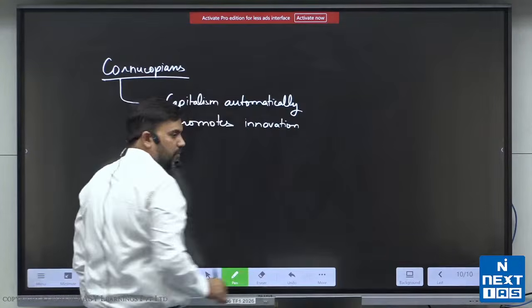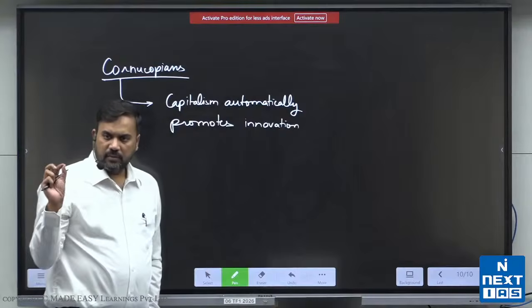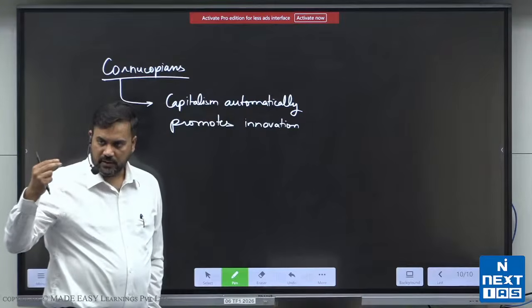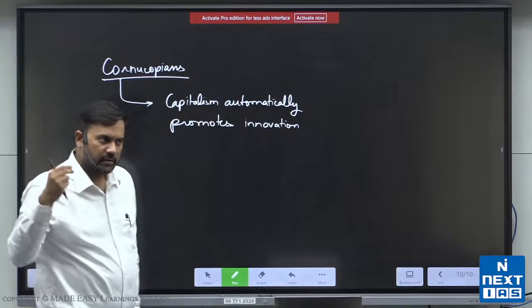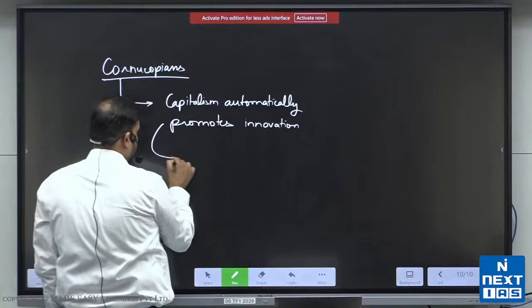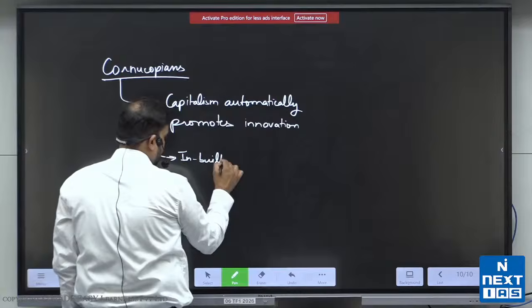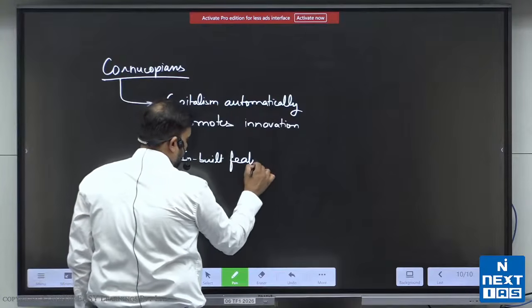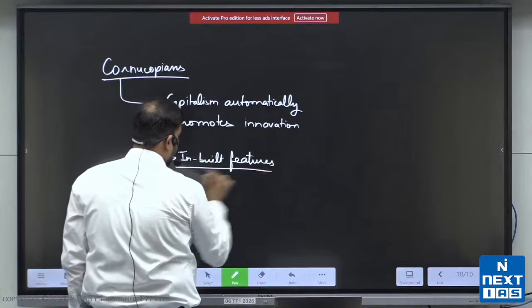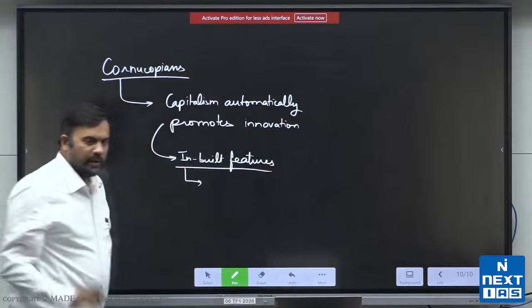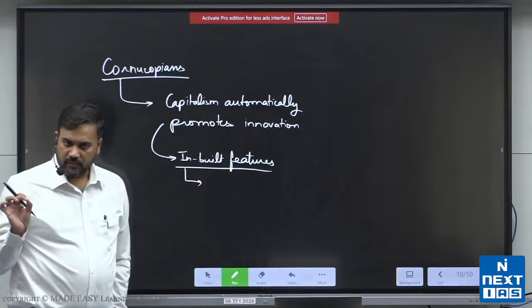How does it promote innovation? Because in capitalism there are certain inbuilt features. What is one inbuilt feature? One inbuilt feature is the market mechanism.